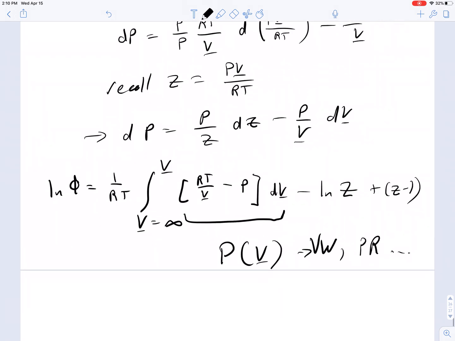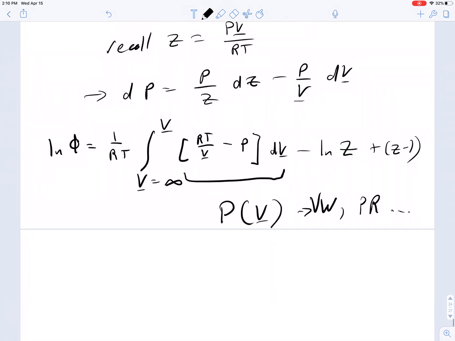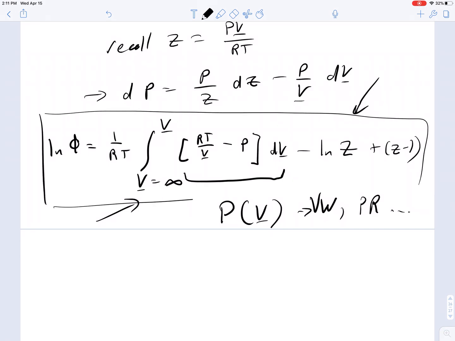So once we have it in this form, we can actually solve for the fugacity coefficients by working it through this process of changing the variables on the integral. Now, it might not look simpler, but in fact, this really is simpler. This really does become something that's much easier to code.